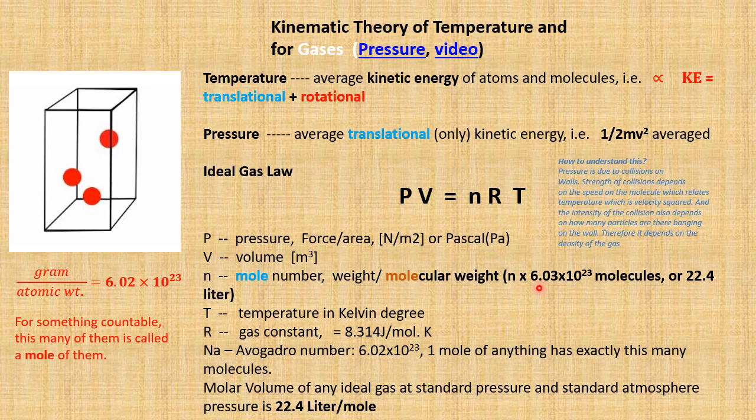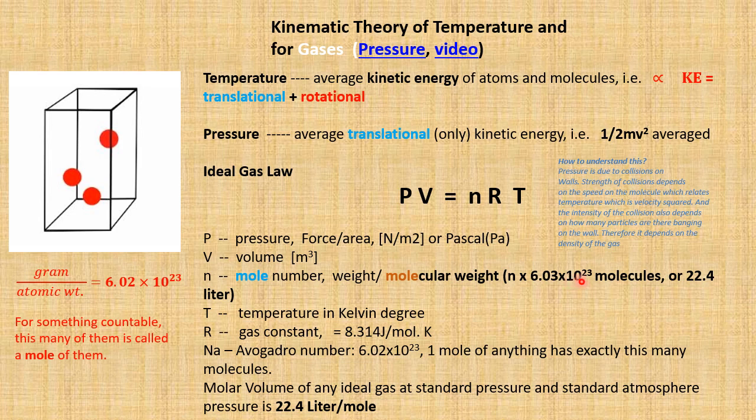In other words, if you say I have 1 mole of hydrogen atoms, how many of them? Well, 6.02 times 10 to the 23. It's quite a lot. But if I have 1 mole of helium atoms, how many of them? Same number, 6.02 times 10 to the 23. Actually, 1 mole of anything has this many things.